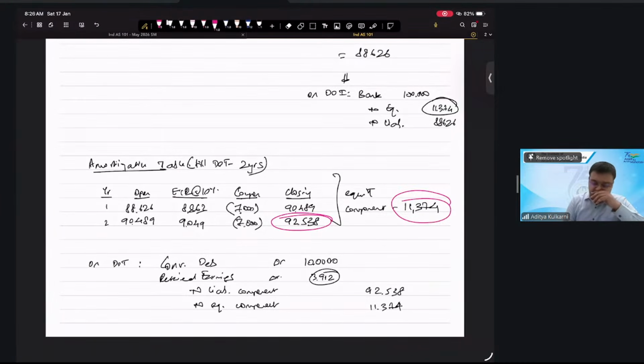Otherwise, it would have gone to the P&L. Yes or no? But here I can't take it to the P&L. So therefore, I take it to the retained earnings. Any doubts? No, clear. All clear? Fully clear? Satisfied? Yes. All right.